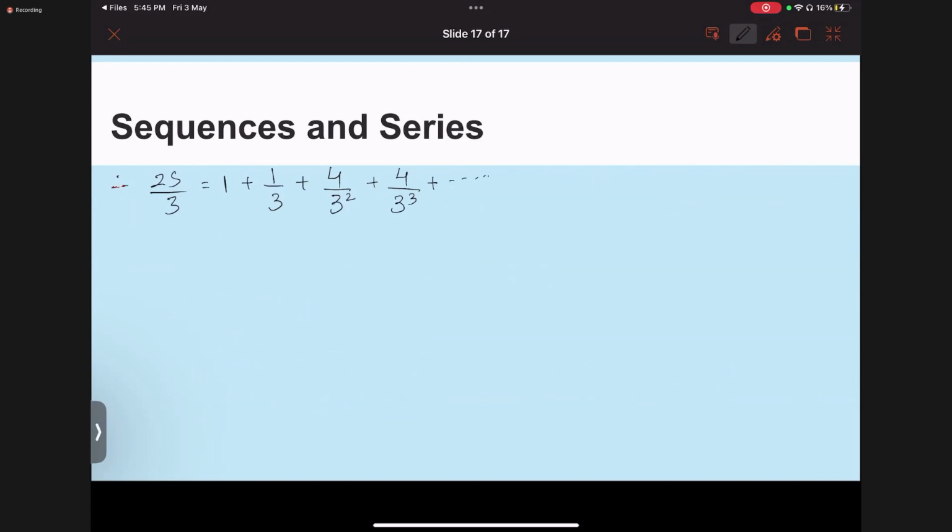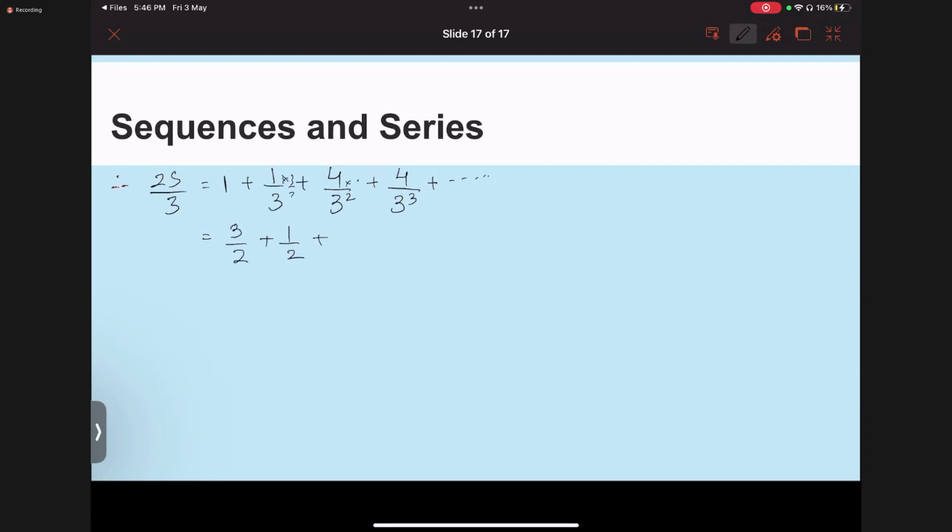Now you can try to get 2 by 3 to the other side. Okay, and you can multiply 3 by 2 to the entire right hand side. What you then get is 3 by 2. Okay, plus you multiply 3 by 2 here, you get 1 by 2.